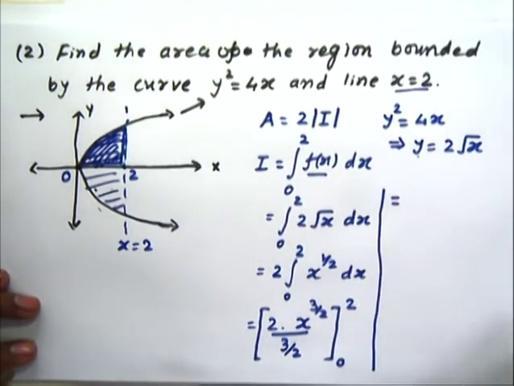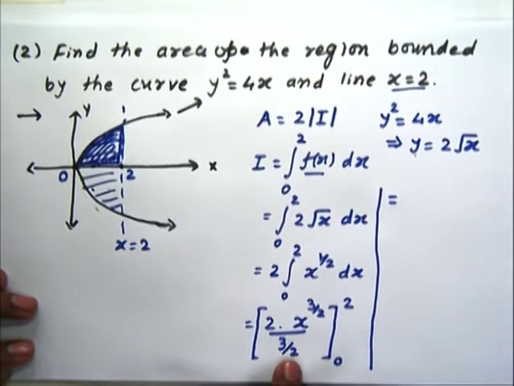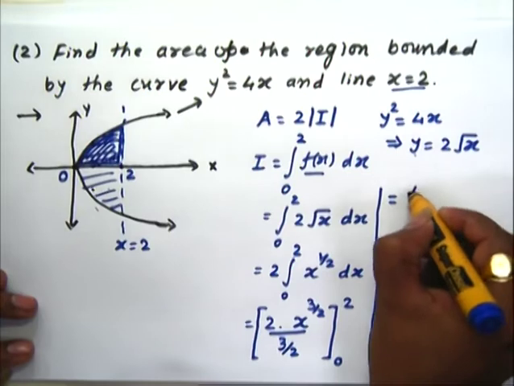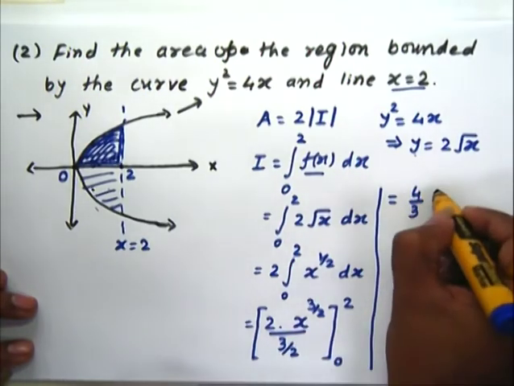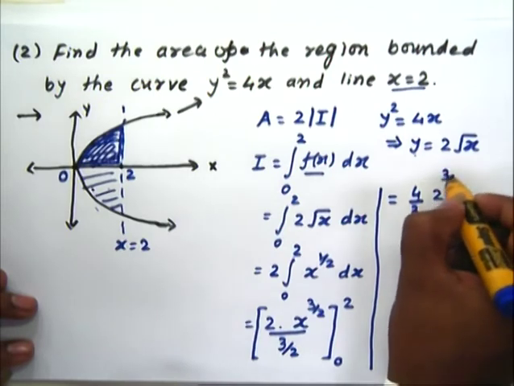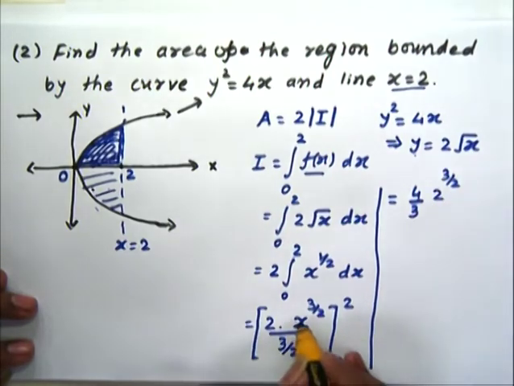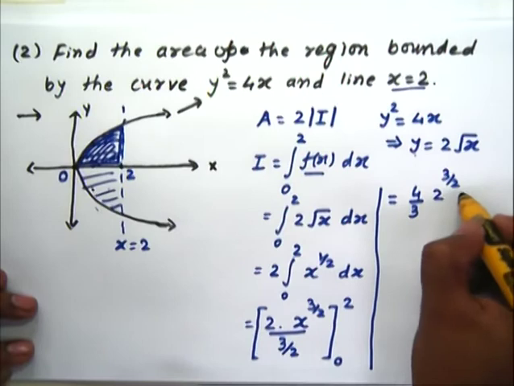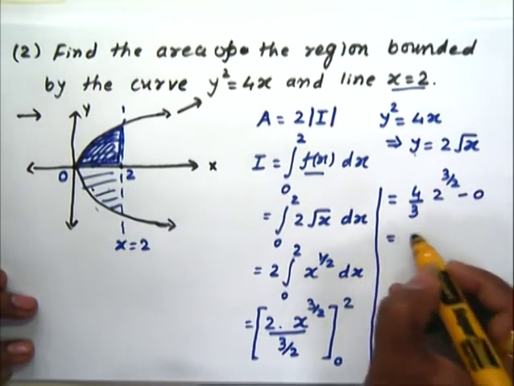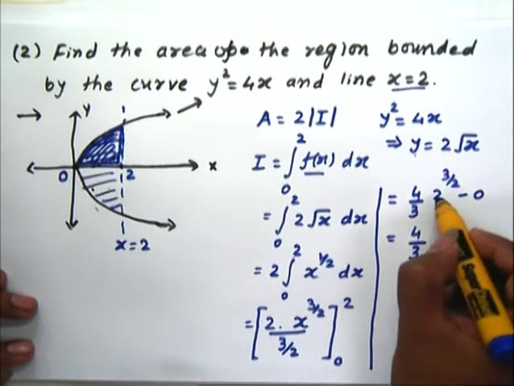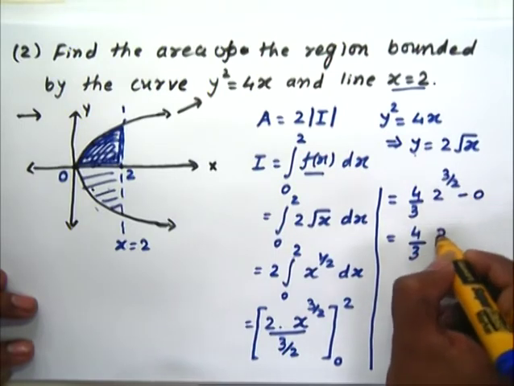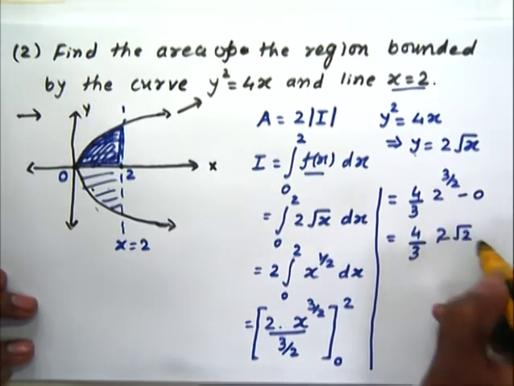This is equal to, 2 goes in the numerator, so 2 into 2 is 4. 4 by 3, substitute 2 here, so 2 raised to 3 by 2, minus substitute 0 here, so it will be 0. So this is 4 by 3, and 2 raised to 3 by 2 is nothing but 2 into square root of 2.